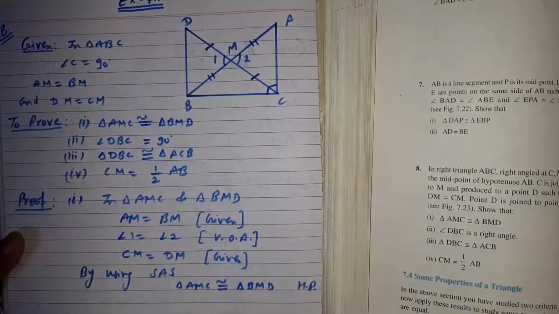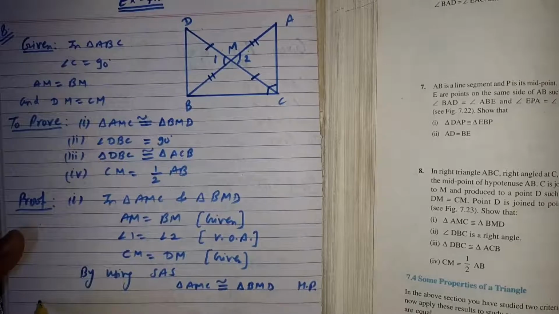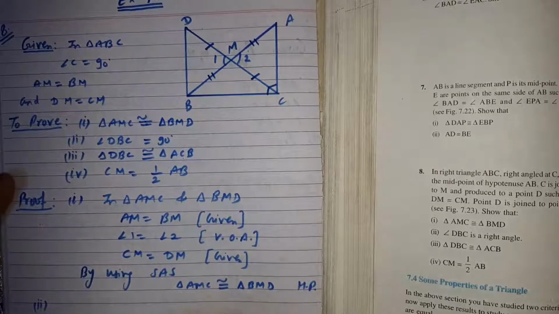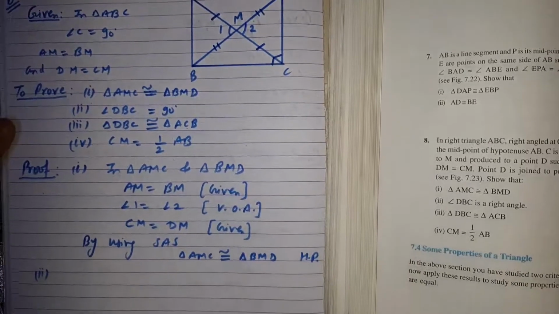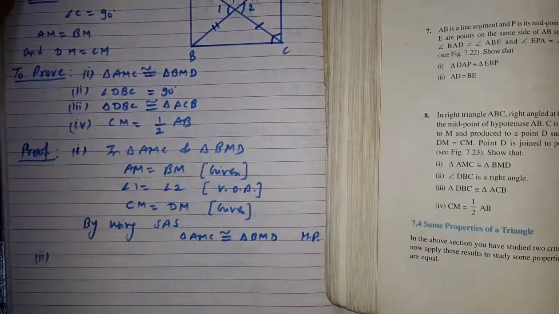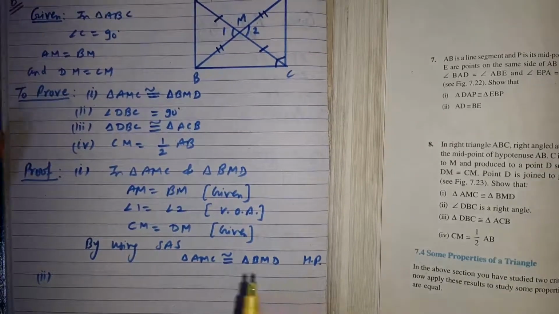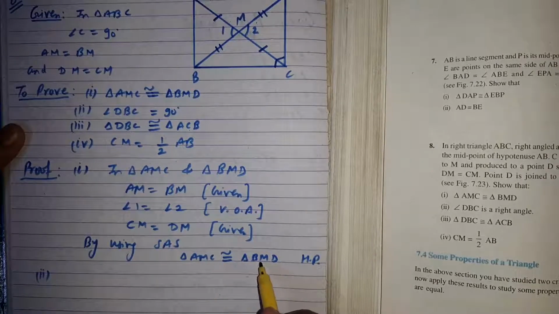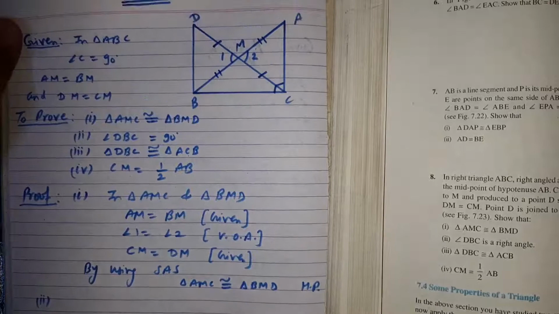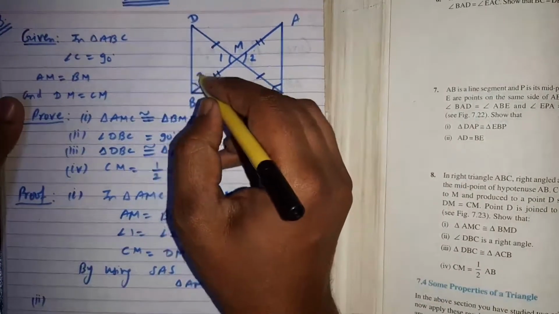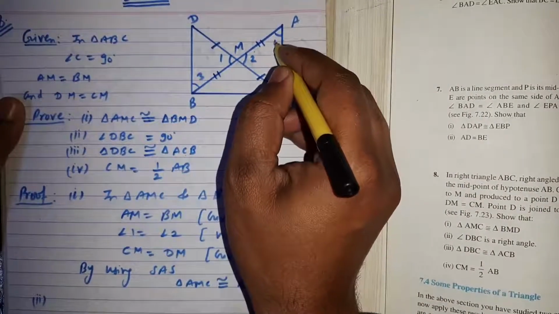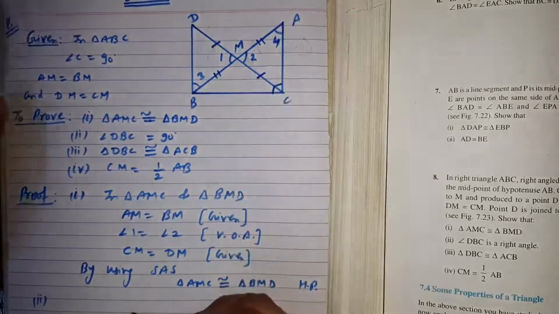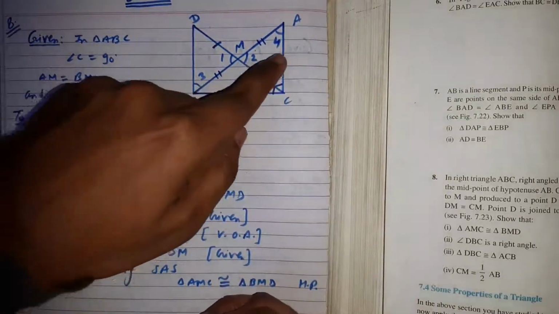Okay, now second part, angle DBC is equal to 90 degree. Okay, now we have proved triangle AMC is congruent to triangle BMD. Okay, suppose this angle is 3 and this angle is 4.